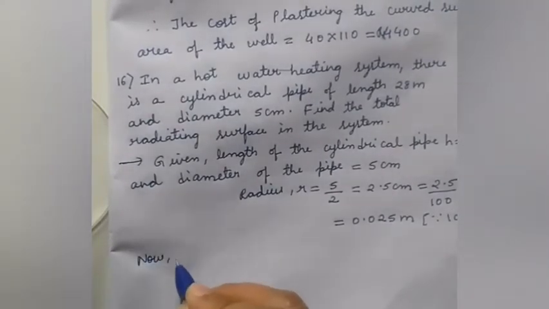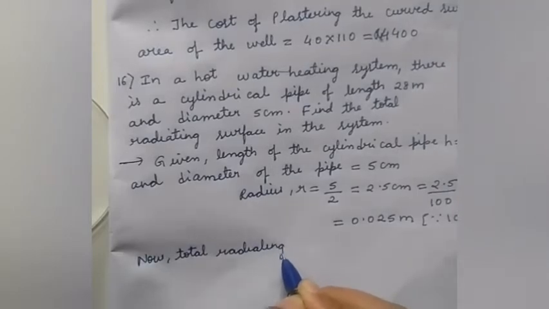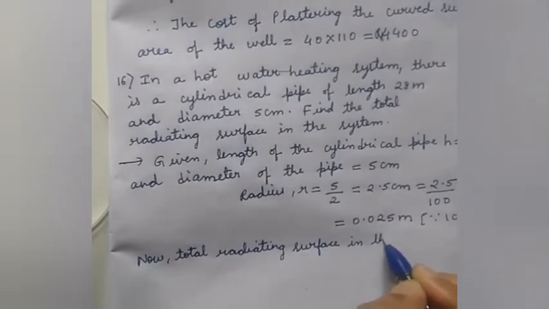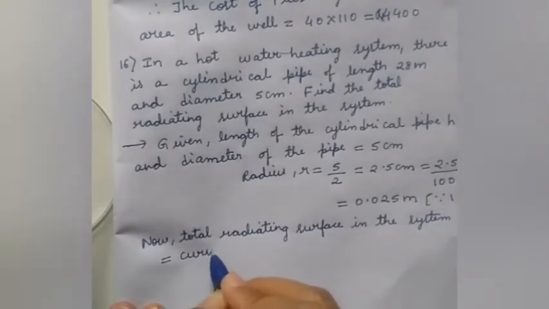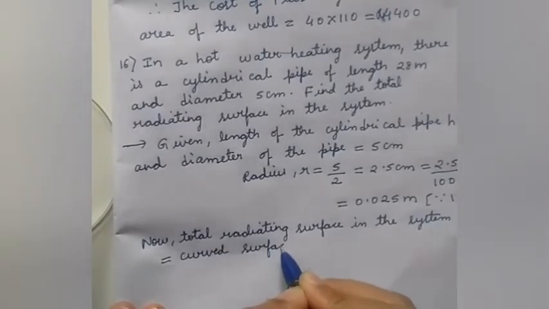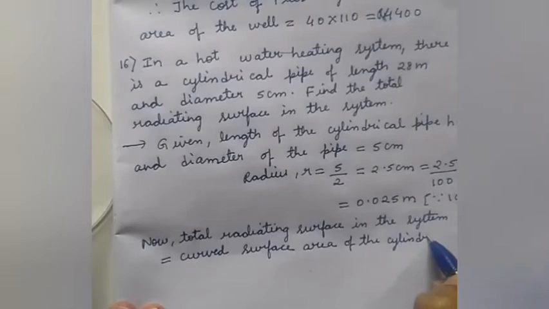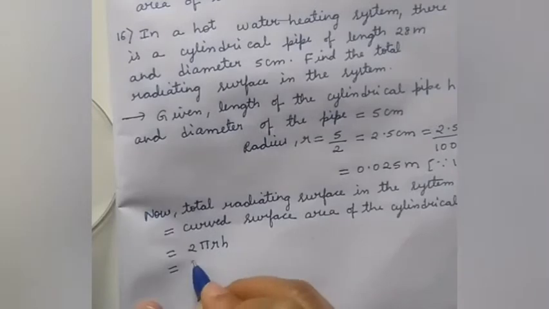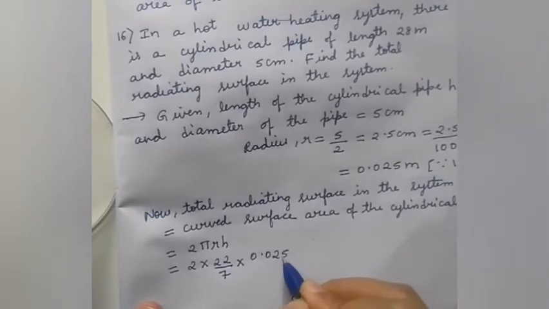Now we know that the total radiating surface in the system is equal to the curved surface area of the cylindrical pipe, and the curved surface area of the cylinder is given by 2 pi r into h, that is equal to 2 into pi is 22 divided by 7 into r is 0.025 into h.